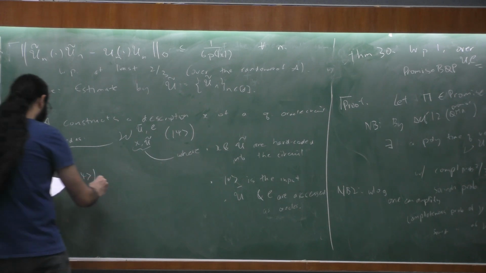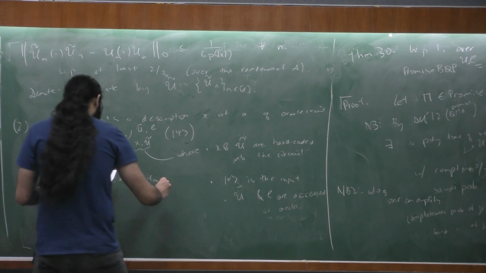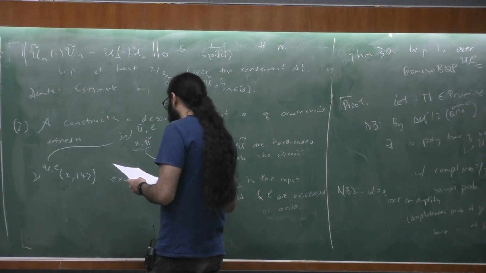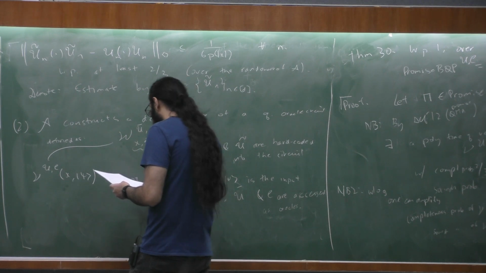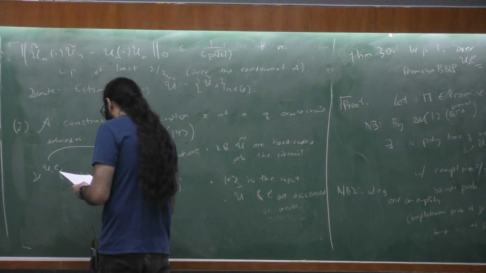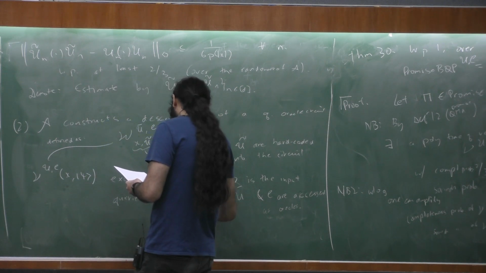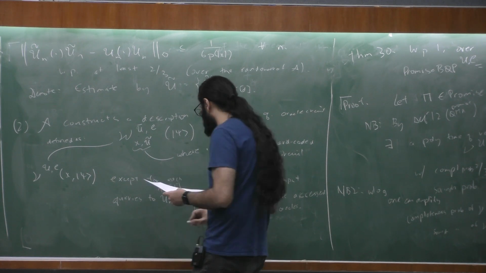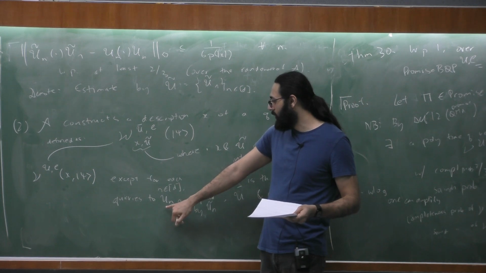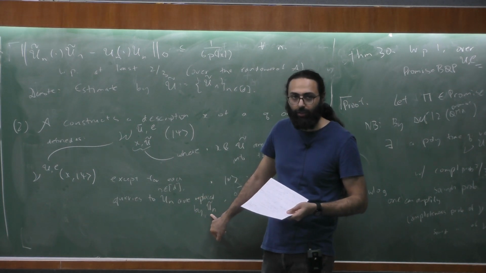You do the following: for each n in D, queries to U_n are replaced by U_n tilde. So whenever it does queries to U_n for n within D, you're going to substitute it with the estimate that you have.